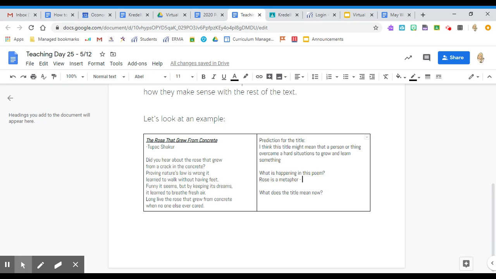And so I think it was a metaphor for the author, who is Tupac, coming out of a hard situation, like his childhood, maybe. I know that I have some background on him, so this is why I think this, but he grew up in a pretty rough neighborhood, so I think it's coming out of his childhood and his neighborhood to make something of himself.